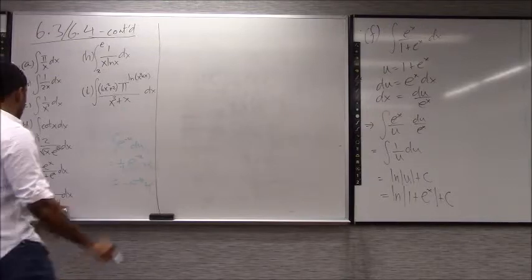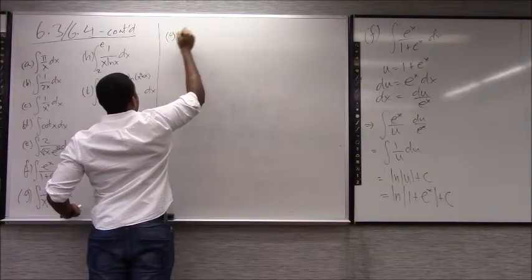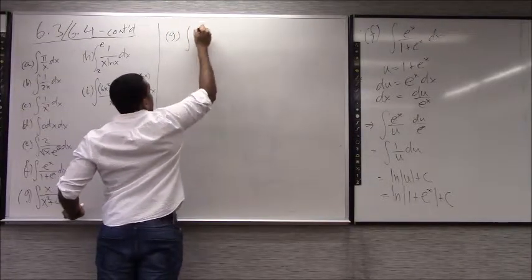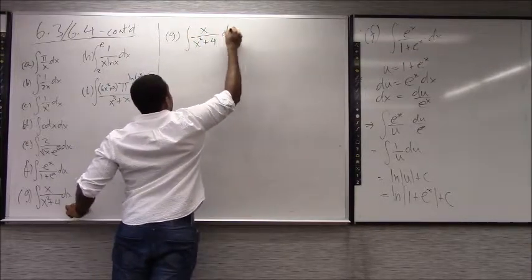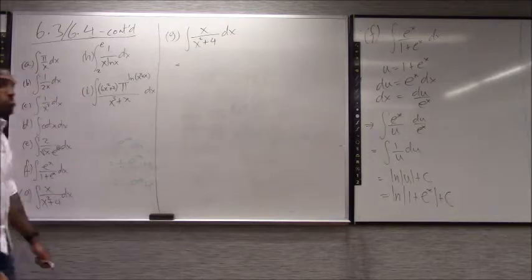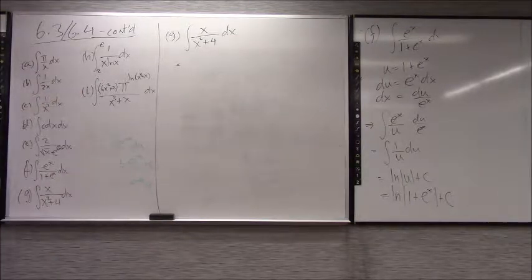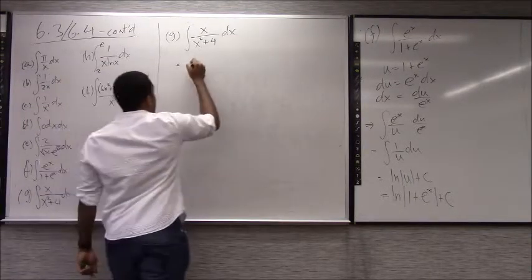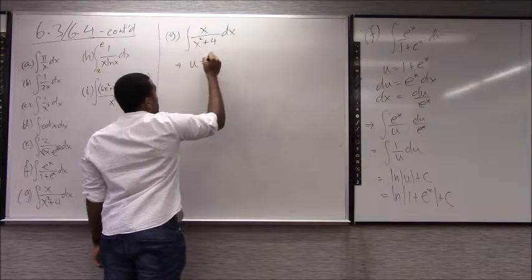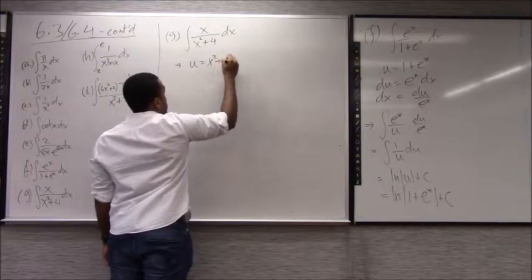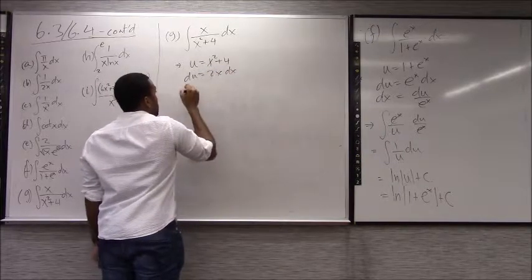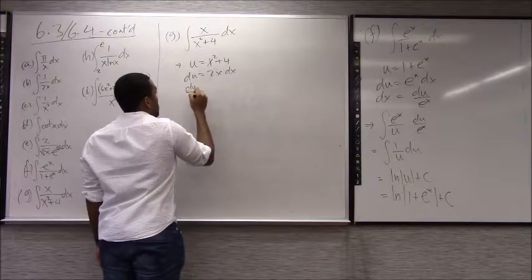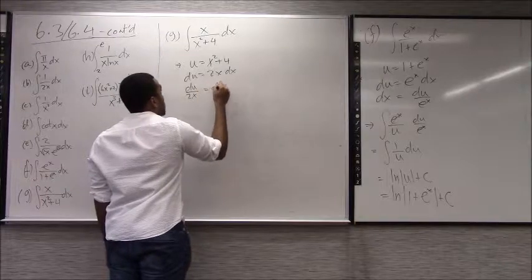Where are we now? This one, G. Let u be x squared plus 4. So your du would be 2x dx. And divide both sides by 2x. du over 2x would be dx.